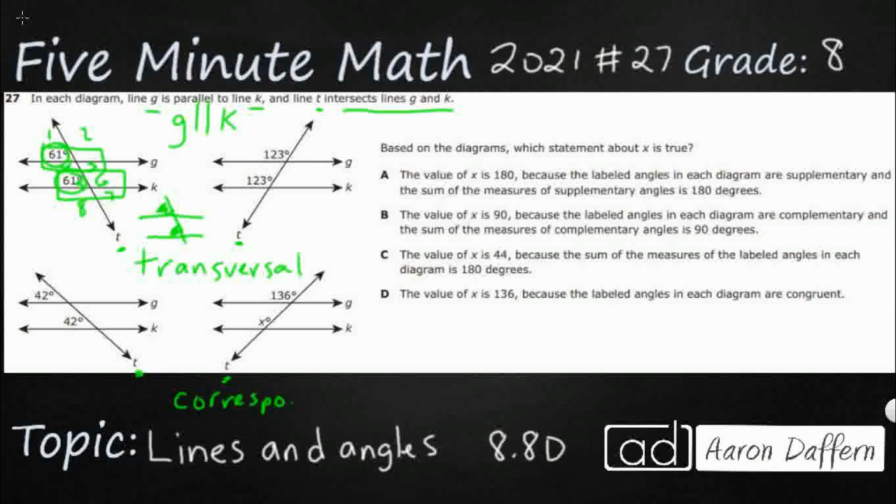Now, there's all different types of angles when you get a transversal with 2 parallel lines. You have alternate interior and exterior, but these are called corresponding angles because their positions correspond to each other. They're top left. And we're actually looking at the top left in all of these sets right here. So same thing.